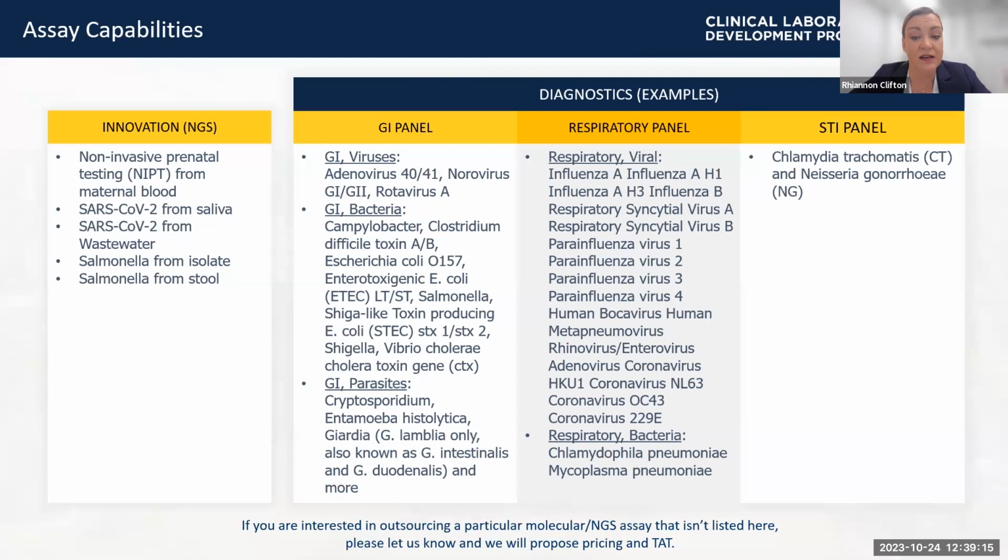Again, these are some of the things that we could do and can do. And if a lab were to be interested in a different kind of testing, we would certainly validate that or cost that out and look at turnaround times to see if we could help in the end, the patients get that high quality and quick test result that we all are striving for. Next slide.